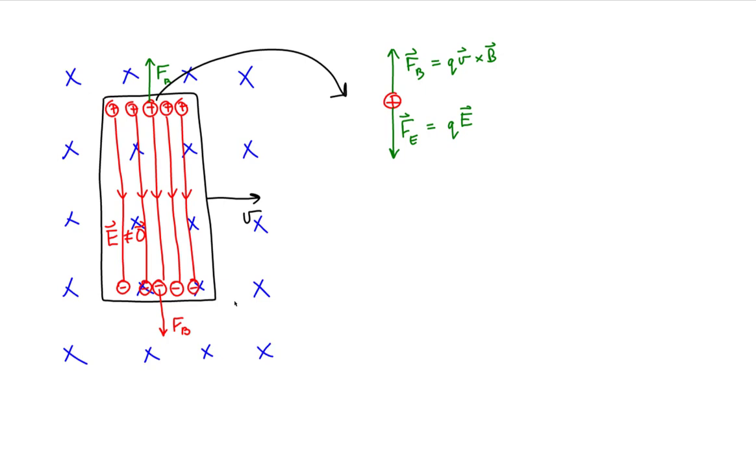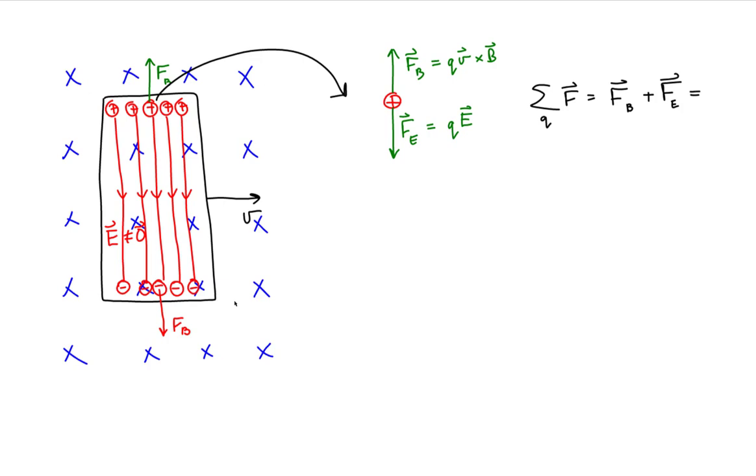And our task is to determine the electric field that was induced by the motion of this positive charge within this magnetic field. And so we could do that by looking at the net force on this positive charge. So the net force on this positive charge is just the sum of all of the forces acting on this charge. And for this problem, we only have the magnetic force and the force due to the electric field that is induced between the positive and negative charges.